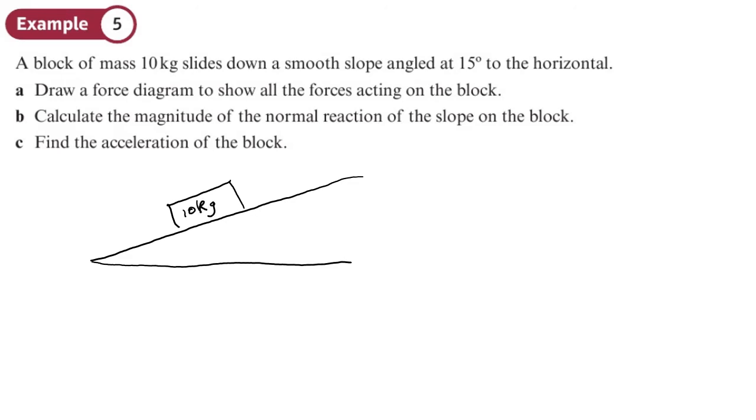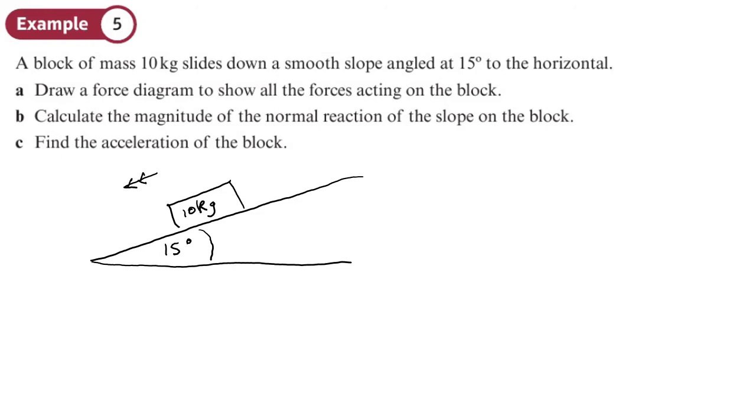Okay, it's sliding down a smooth slope, so there's no resistance, and it's asking us to draw all the forces on there. So it says that it's angled at 15 degrees to the horizontal. So there we go. Draw all the forces.